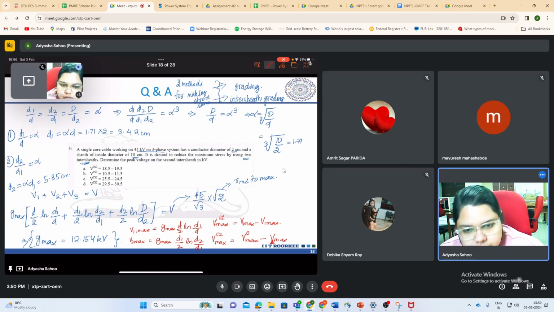Clear? So if you calculate this, this will come around 30.22 kV, and this will be around 19.06 kV.